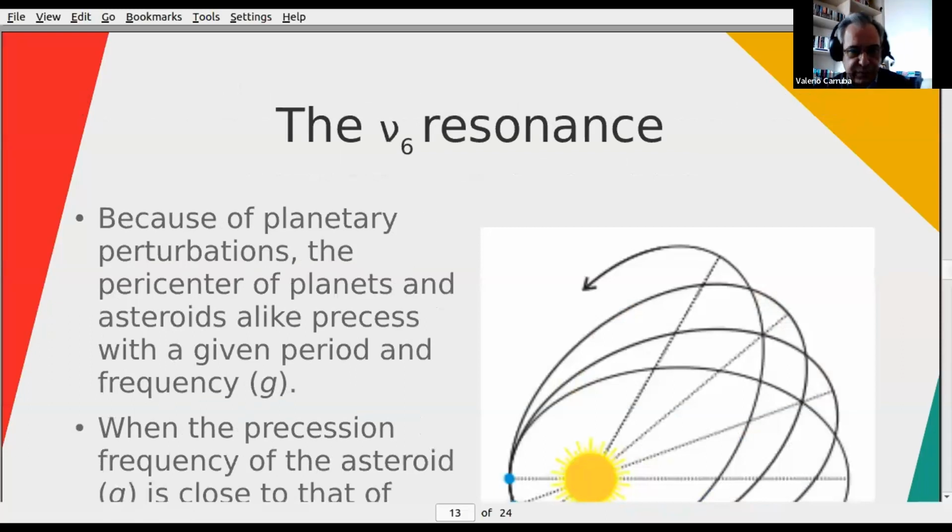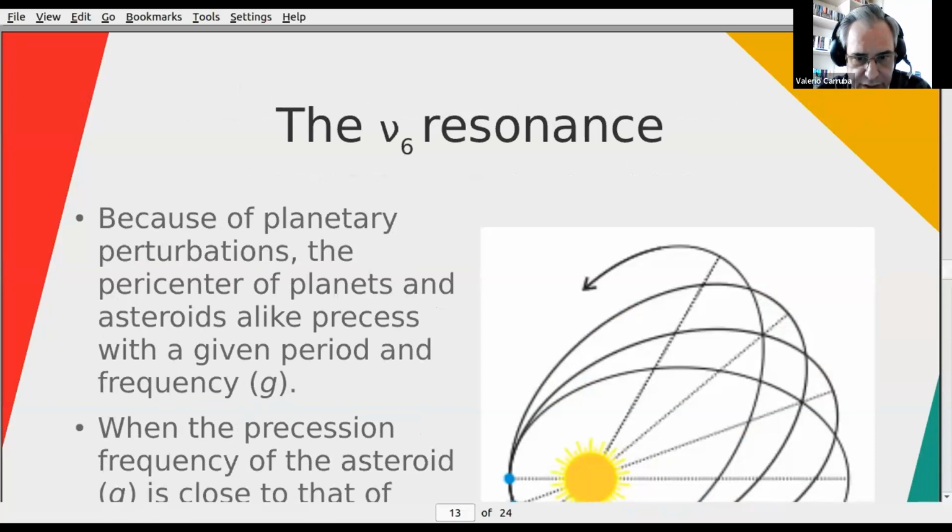So what is a secular resonance? The nu-6 resonance, for instance, is a resonance that occurs when there is a commensurability between the precession rate of the longitude of pericenter of the asteroid and the longitude of pericenter of one planet, in this case Saturn. The pericenter is the position in the orbit which is closest to the Sun. And when you have a perturbation from other planets, this position is not fixed, but may vary with time.